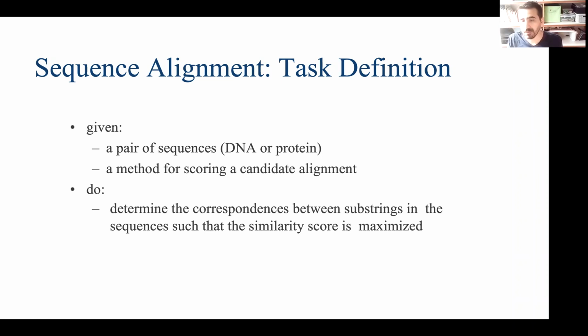Because we have many alignment possibilities, we decide which alignment is better by looking at the similarity score, and if the similarity score is maximized at a certain alignment, then we decide that this is the alignment. So the inputs are two sequences and a method for scoring an alignment. The task is to maximize the score, and the output is the overall alignment.